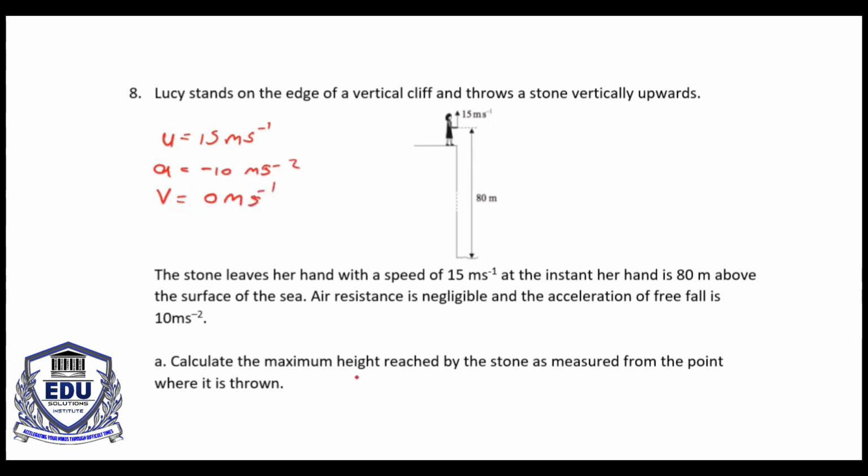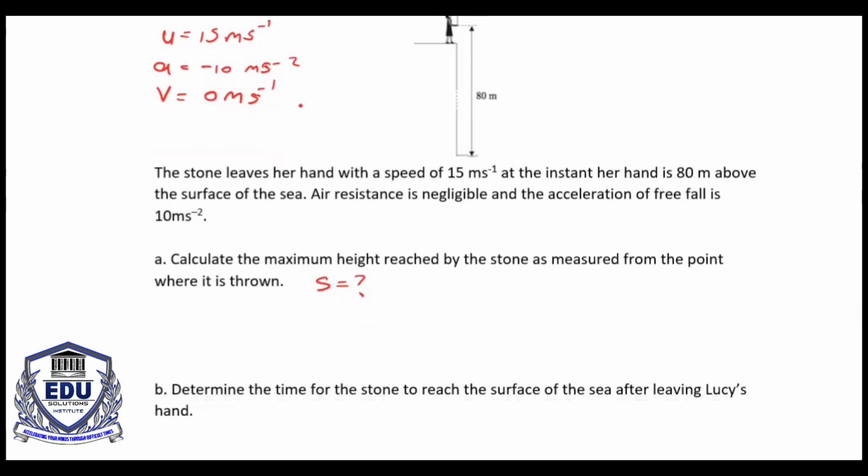So now we have three things, and we need to know what S is for this first part. So let's go ahead and we find S, right? Based on our formulas, we don't have time, so we can use this motion equation without the use of time.